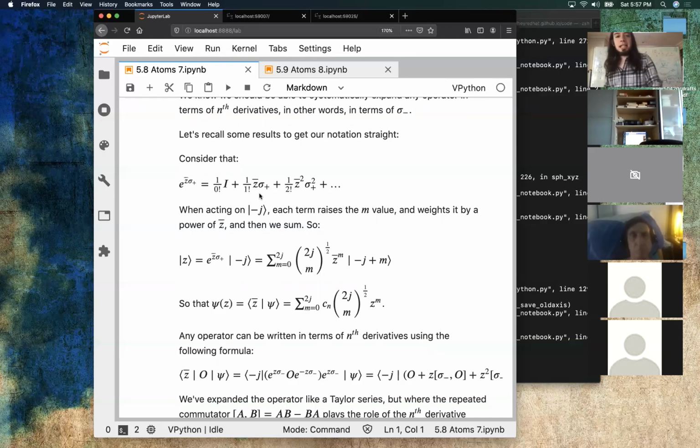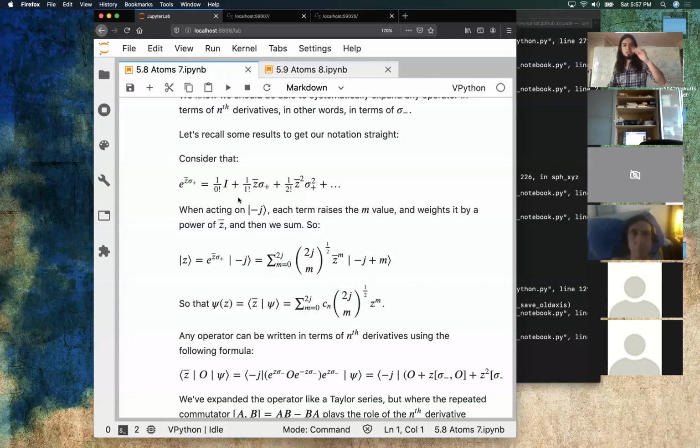Now, suppose e to the z conjugate sigma plus was acting on the lowest weight state, the negative j state.